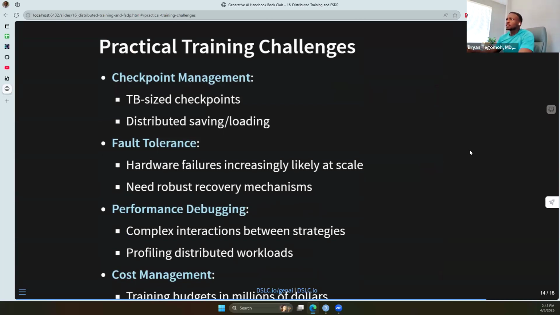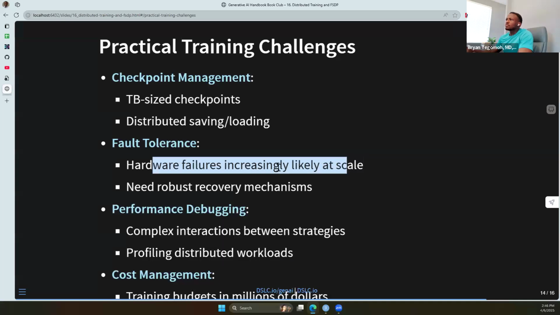Some of the practical training challenges to talk about here are checkpoint management, fault tolerance, performance debugging, and cost management. The challenges at scale mostly include managing the many checkpoints, and fault tolerance due to inevitable hardware failure.